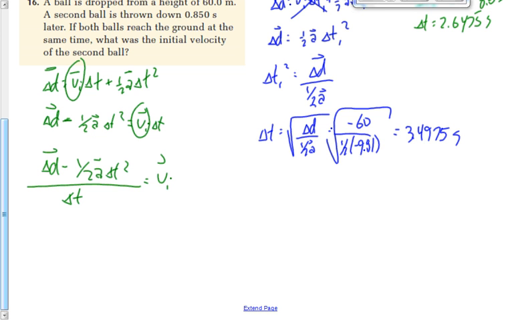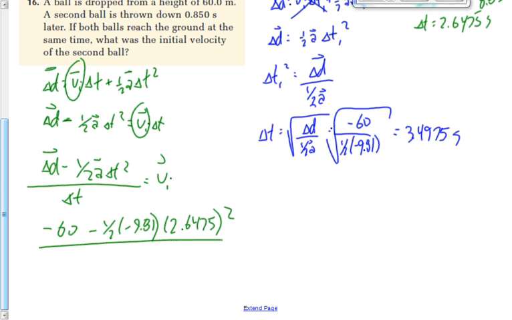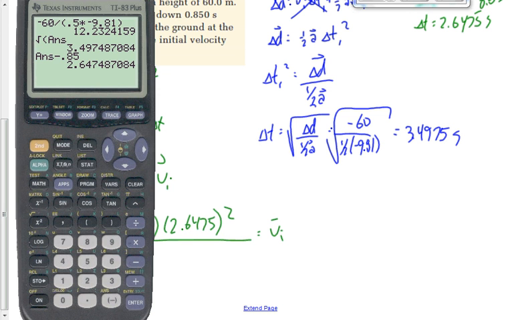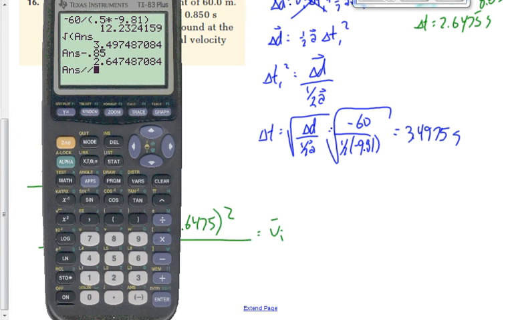All right, okay, moment of truth here. We had a couple people get different answers here. Let's see what we get. d was negative 60. Subtract 1/2 of negative 9.81 times the time of 2.6475, squared, over 2.6475 equals v_i. Let's do this as a class here, and let's see if we get one of the answers that somebody had here.